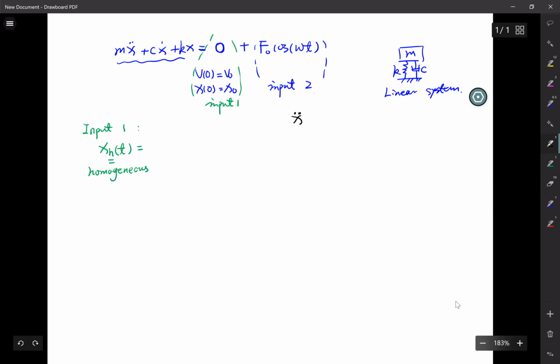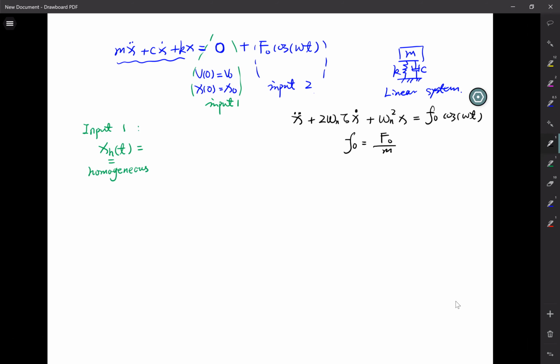The new equation becomes x double dot plus 2 zeta omega n x dot plus omega n squared x equals small f naught cosine omega t. We call this f naught the mass normalized force, so it's the actual force amplitude divided by the mass.